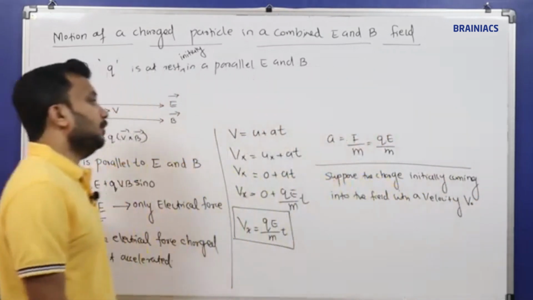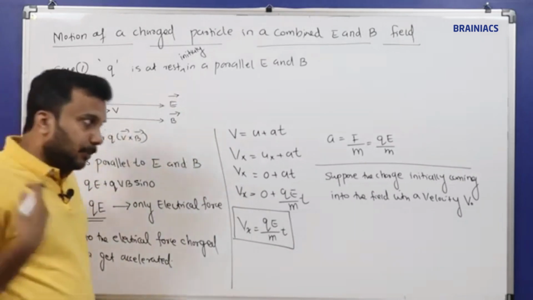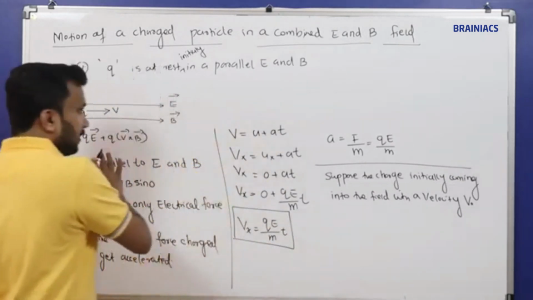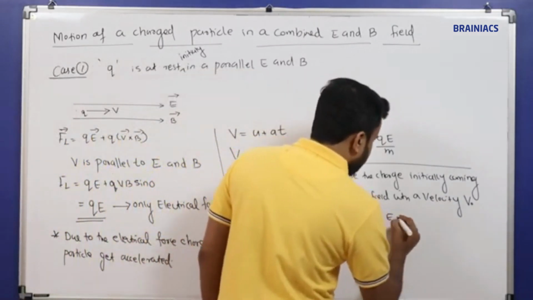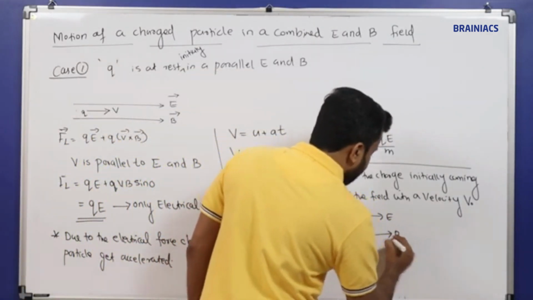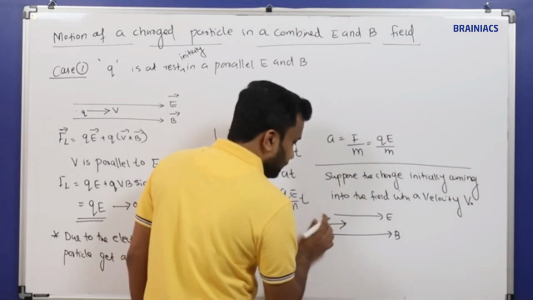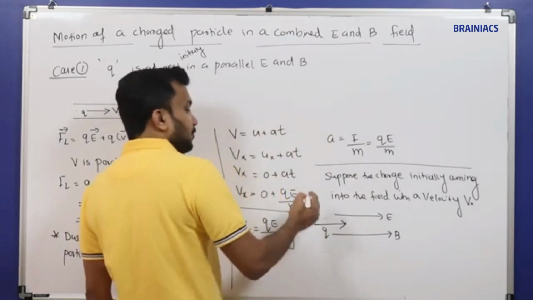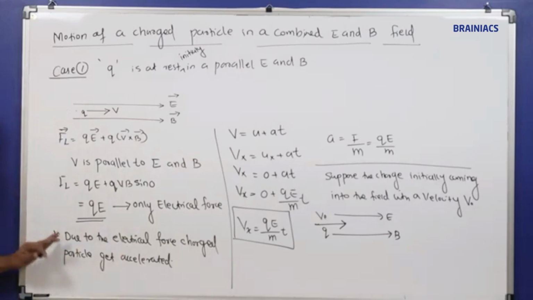Suppose initially I told the charge is at rest, then this is the condition. Suppose it is coming into this field with a velocity v0, which means this is an electric field and this is a magnetic field, and the charge q is flying into the region with a velocity v0. So what will happen to all these equations?